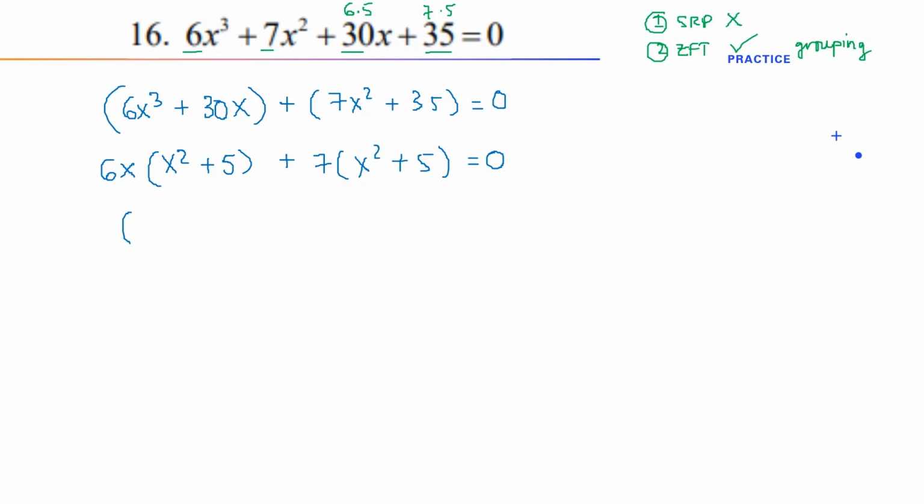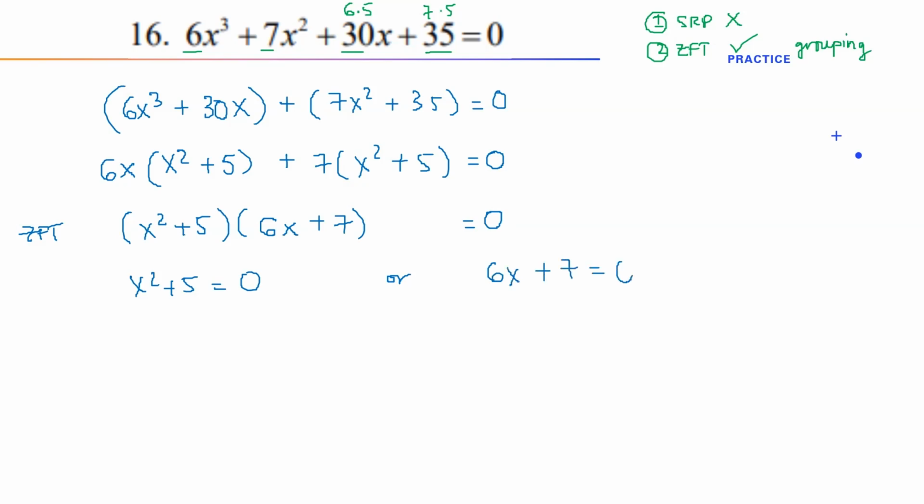Now the common factor is x squared plus 5. The leftover is 6x plus 7. Now zero factor applies, right? x squared plus 5 equals 0, or 6x plus 7 equals 0.